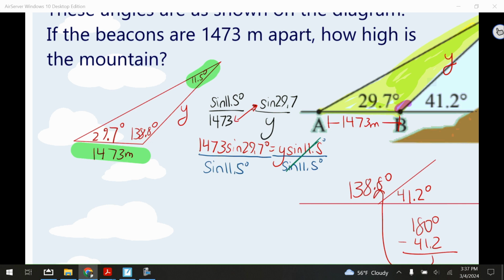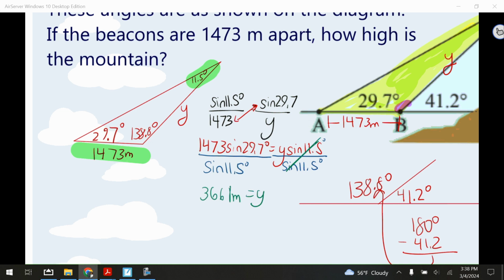So now I'm going to type into my calculator 1473, and I do encourage you to follow along with your calculator, sine of 29.7 in parentheses, and then divided by sine of 11.5. Woo! And I get that Y equals 3,661. I'm going to round to the nearest whole meter. That is how many meters Y is.